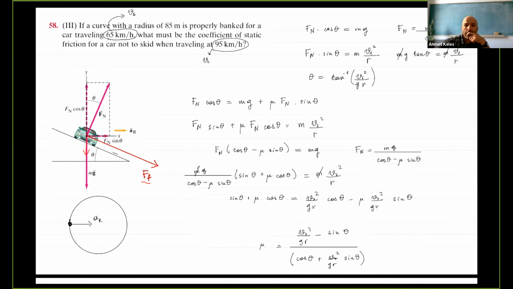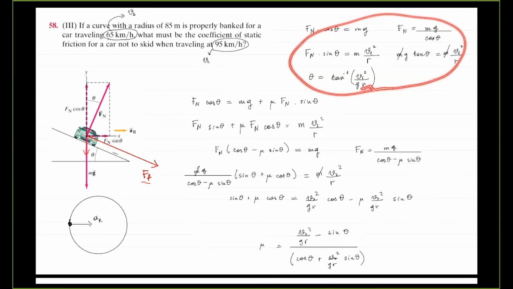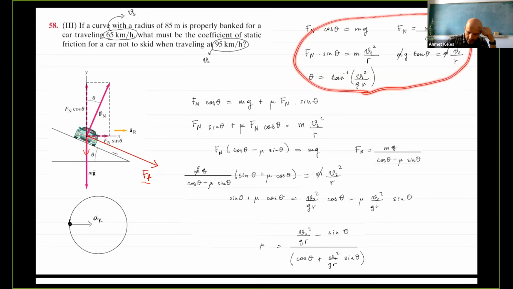So I think we found the theta wrong in the beginning of the question. Okay, so for this part, I neglected the friction, right? Yes. So there is no friction on this part. You think that's wrong? Yes, I think that way.